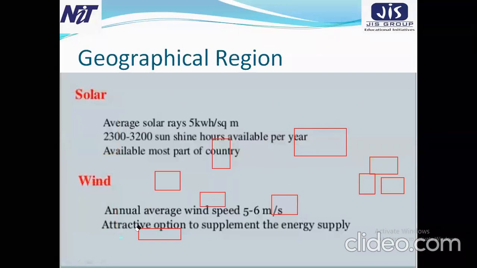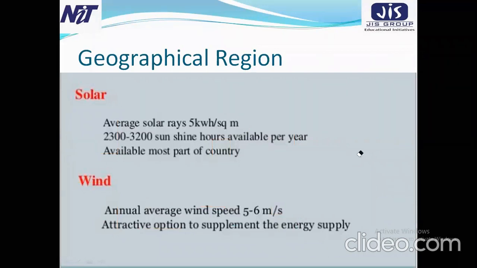Now, solar and wind both have some geographical advantages, like average solar radiation of 5 kilowatt hour per square meter, and 2300 to 3200 sunshine hours available per year, available in most parts of India.